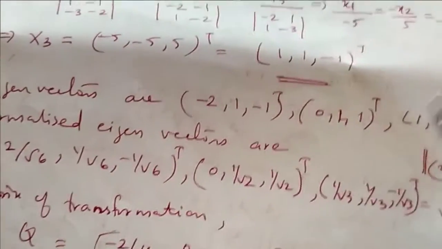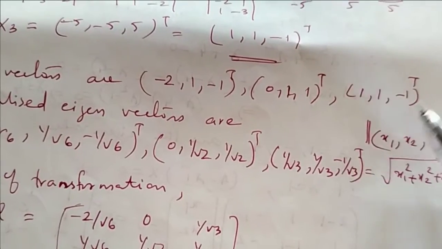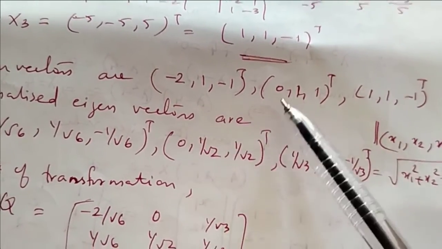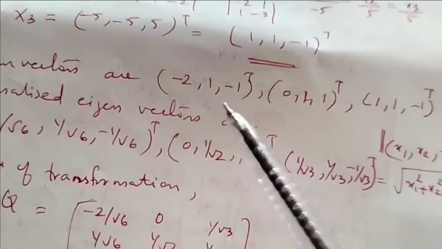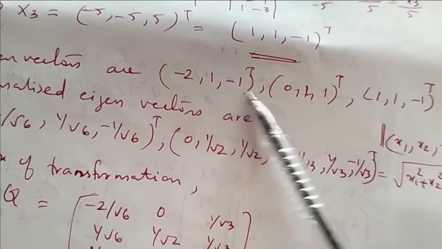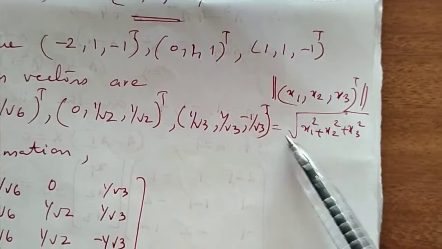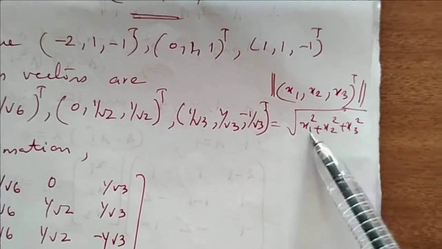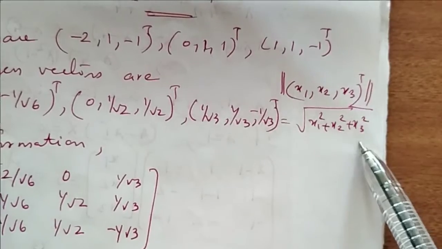The eigenvectors are minus 2, 1, minus 1; 0, 1, 1; and 1, 1, minus 1. Then we need to find the normalized eigenvectors, which means dividing each vector by its norm or modulus. The modulus of a vector is the square root of the sum of squares of the components, root of x1 square plus x2 square plus x3 square.